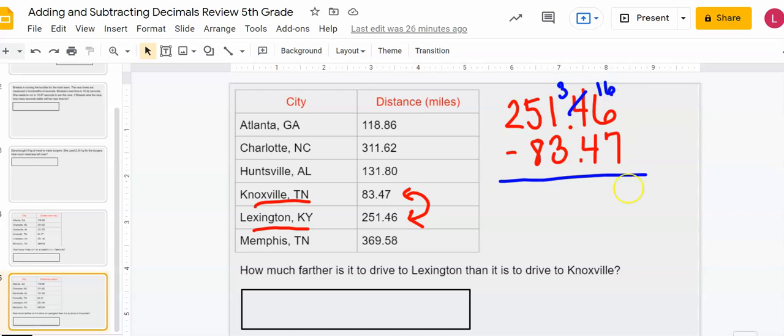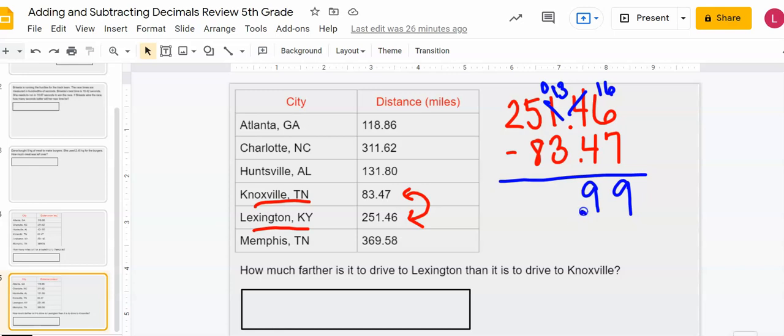So that is 9, because I know that 9 plus 7 would be 16. 10 plus 7 would be 17, so 1 less. Okay, and now I need some more tenths here. So I'm going to rename these, and now I have 13 tenths. And so that would be 9. I know that because 9 plus 4 is 13.